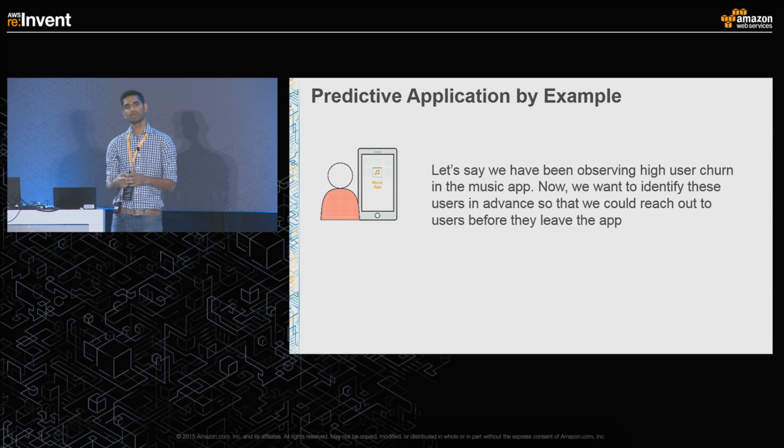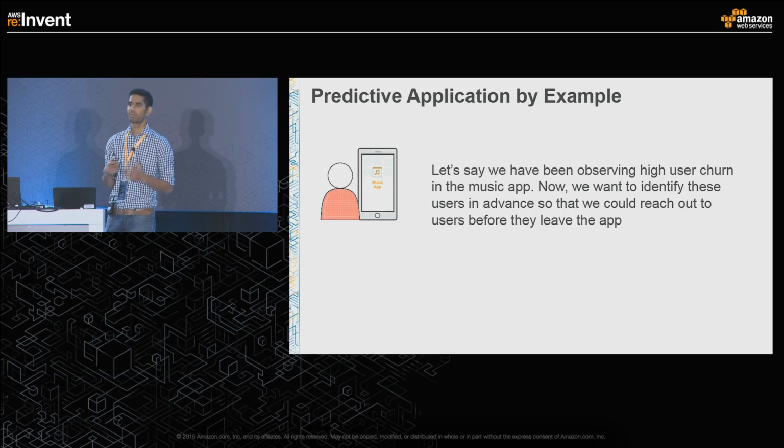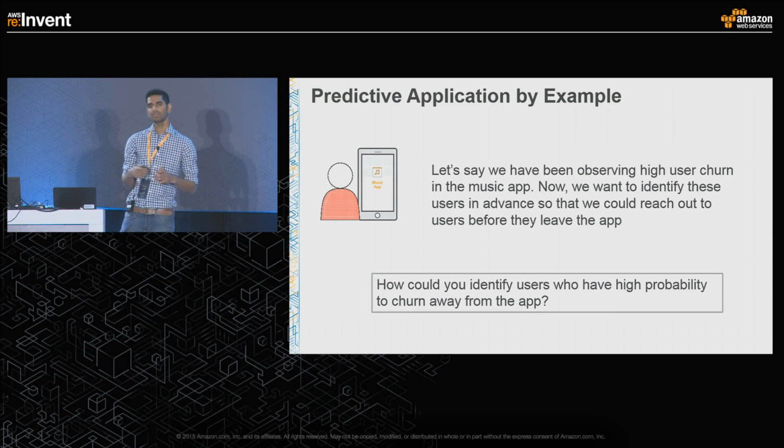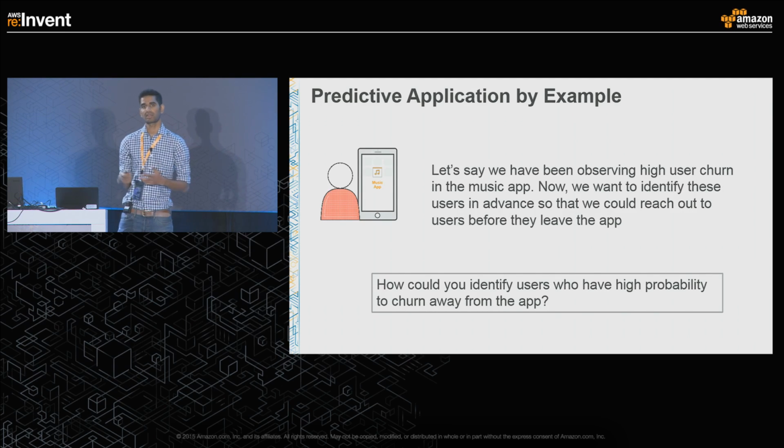In order to stop this kind of churn, you need to predict users who have a high probability of leaving the app. Once you know which users are going to leave, you could send push notifications or use other marketing tactics to help retain them in the app.